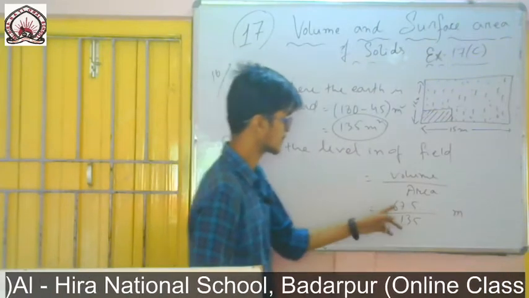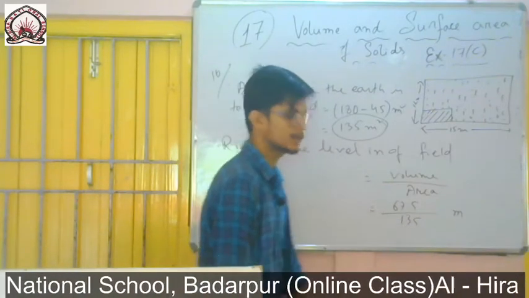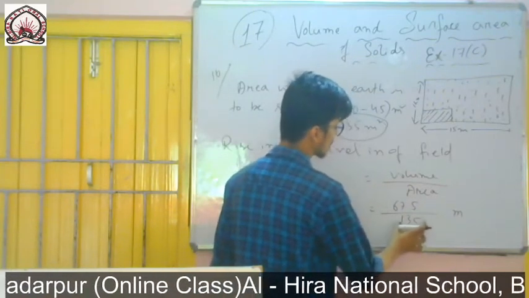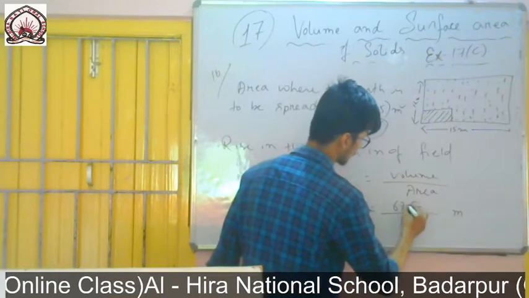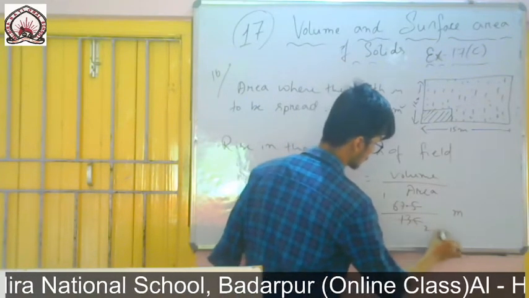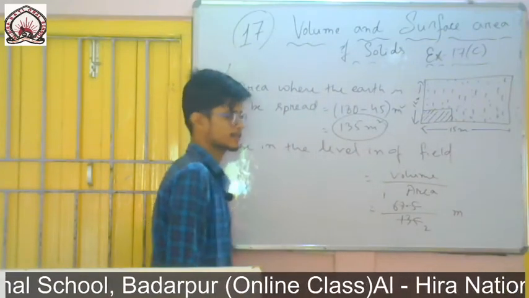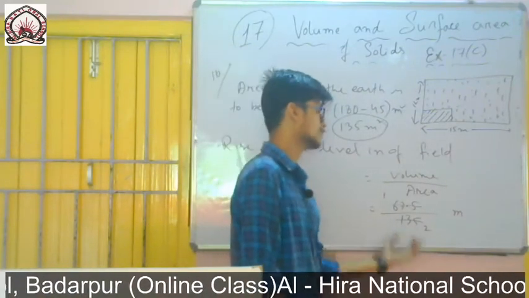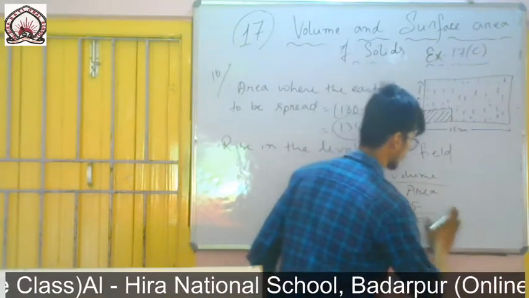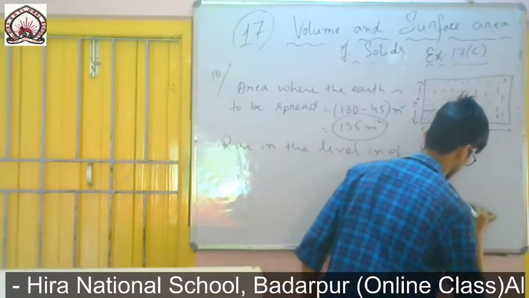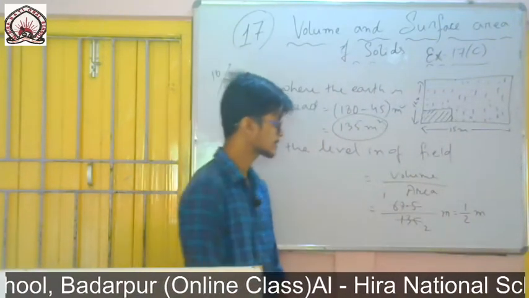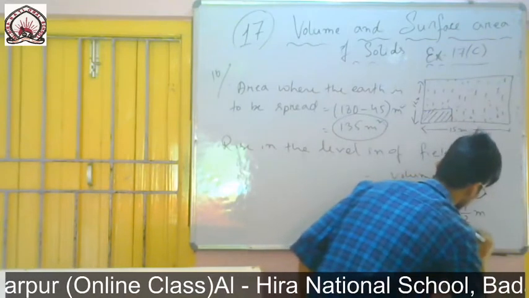Now you see one thing, 67.5 into 2 is equal to 135. So 67.5 is half of 135, that means 1 by 2 meter, which is 0.5 meter.